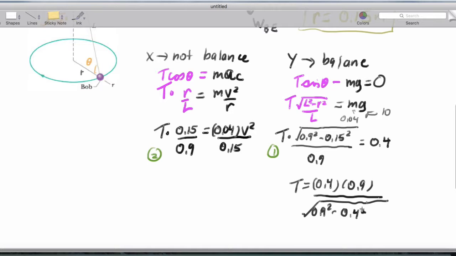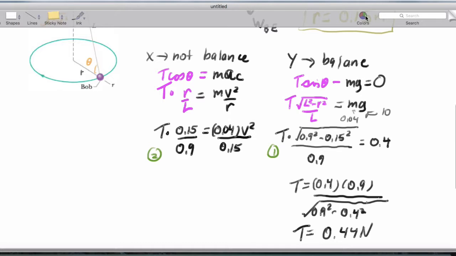So 0.9 squared minus 0.4 squared equals 0.65. We'll square root that. Okay, and then one over times. So I got a tension of 0.44 newtons. Meow.